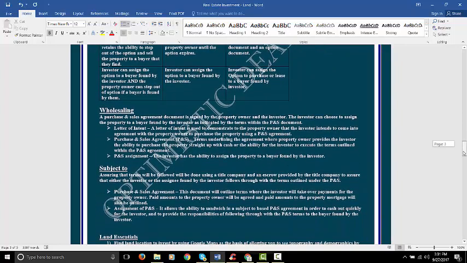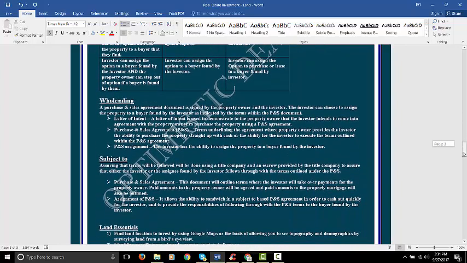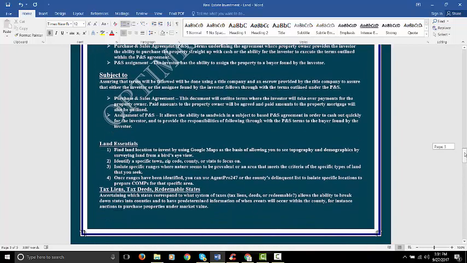There would be documents for wholesaling properties, which essentially comes down to getting a property under a purchase and sales agreement, and you will attempt to find someone who will typically flip the property. That is considered wholesaling it, so you're assigning the property to somebody else. Subject to is just as before, a purchase and sales agreement.